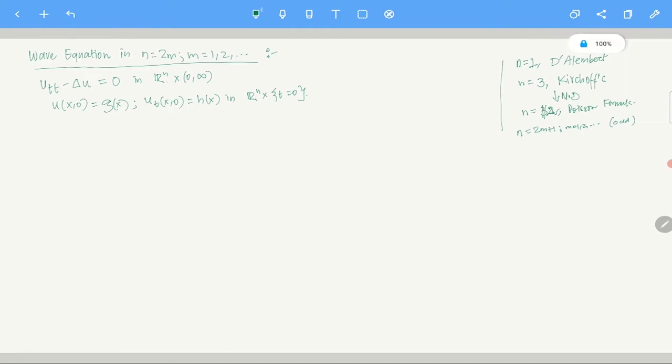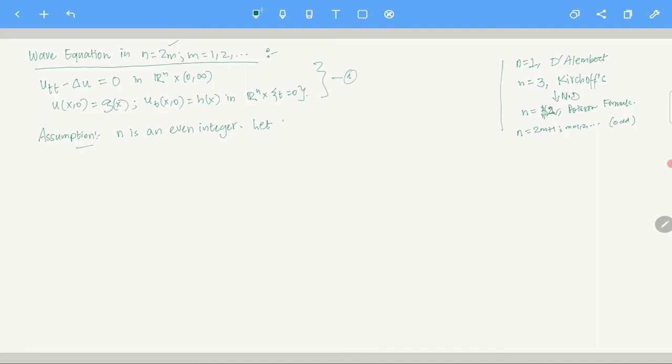So the assumption: n is an even integer, so of course n is greater than or equal to 2. Basically we think there is a solution, and then we find out what u is in terms of g and h. Let's call that 1.